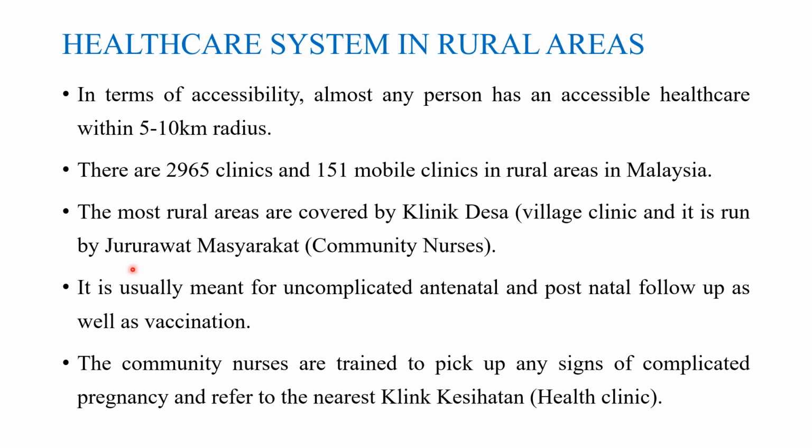I'm sorry, I am poor at pronouncing Malay words. It is usually meant for uncomplicated antenatal and postnatal follow-up as well as vaccination. The community nurses are trained to pick up any signs of complicated pregnancy and refer to the nearest Klinik Kesihatan.